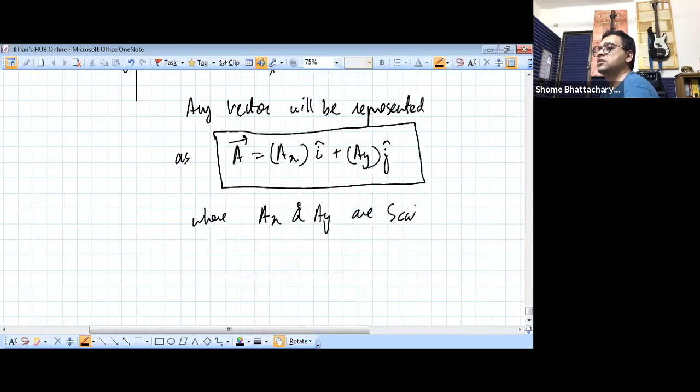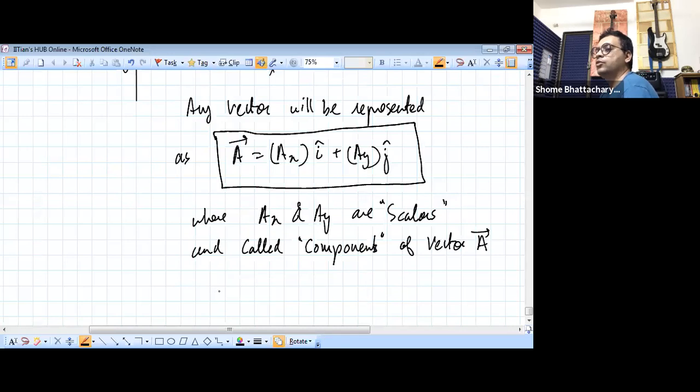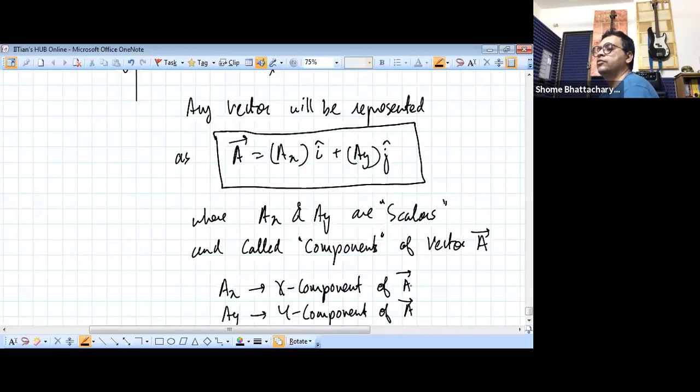They are scalars, called components of vector A. In fact, the quantity ax over here is called the x component of vector A. Ay is called the y component of vector A. Okay.